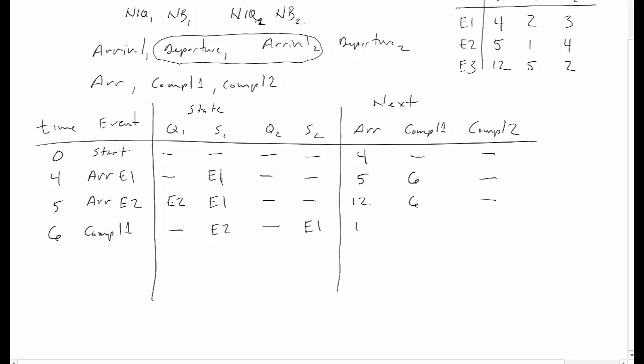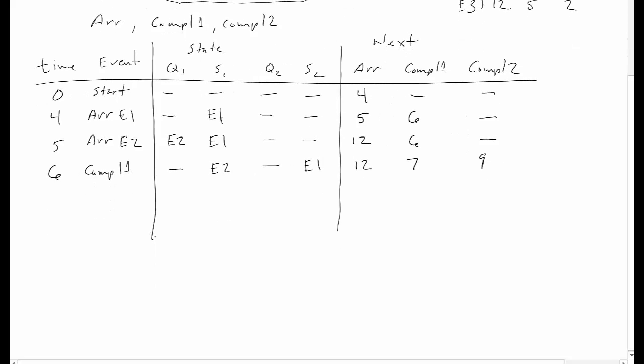Our next arrival will still happen at time 12. We are just starting processing on E2, which takes 1 time unit, so this will finish at time 7. E1 has 3 time units on S2, and it's time 6, so that will happen at time 9.